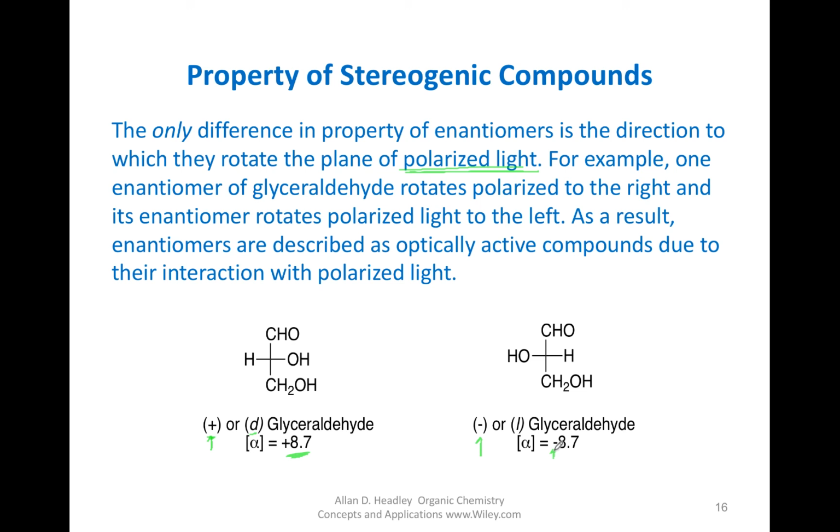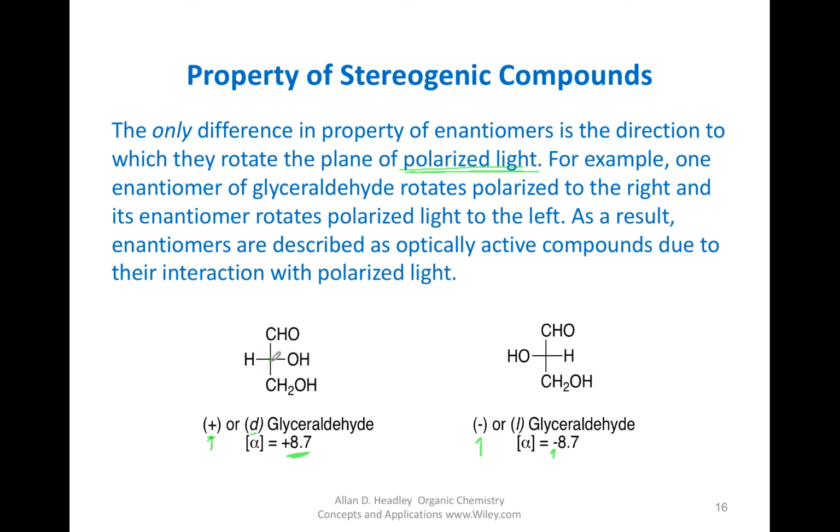So once again, this is experimental. I need to point that out. This is done experimentally. It is the only property of enantiomers that is different: the direction in which it rotates polarized light. You get a polarimeter. You can go in the lab and measure one enantiomer over the other enantiomer.